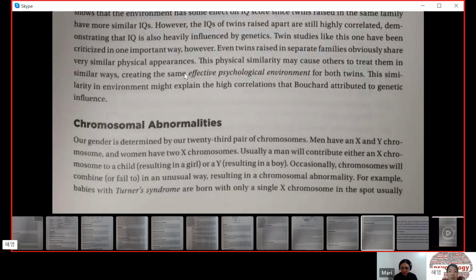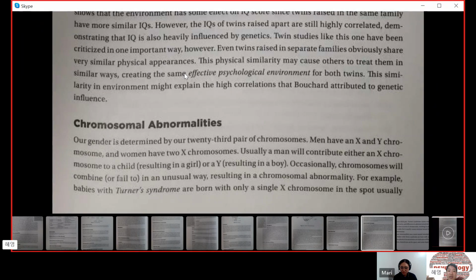Usually a man will contribute either an X chromosome to a child or a Y. Occasionally, chromosomes will combine in an unusual way, resulting in a chromosomal abnormality.